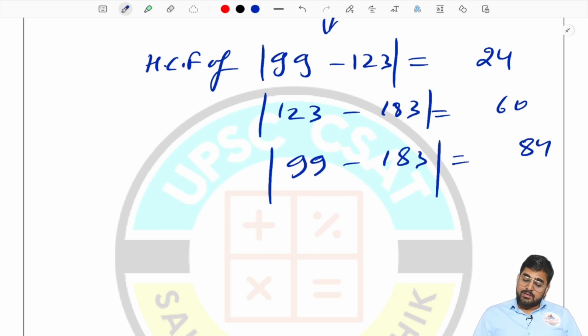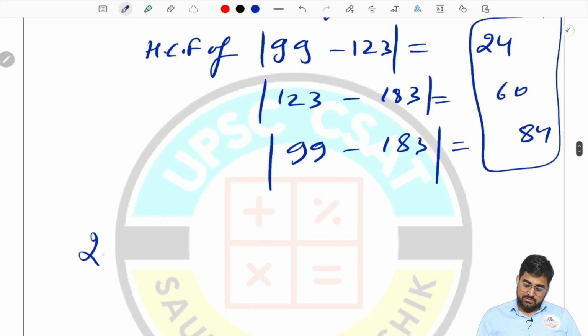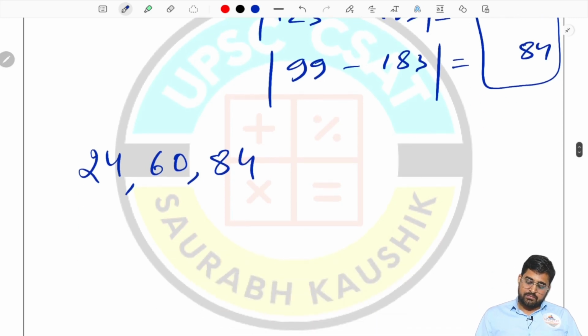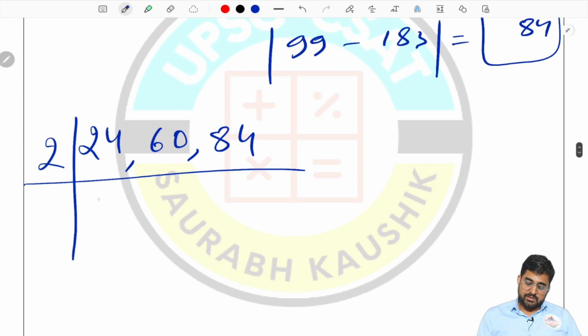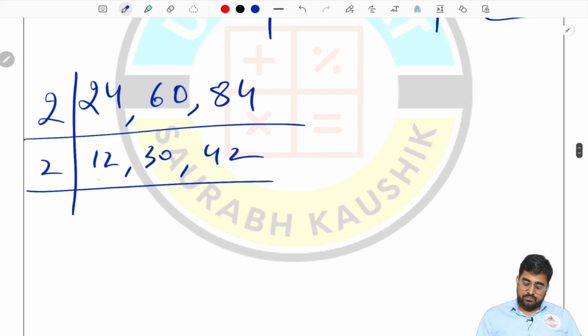Let's leave that. Now you have to calculate the HCF of these three numbers. Let's do it: 24, 60, 84. Only take the common factors first. 2: 12, 30, 42. Again 2: 6, 15, 21.